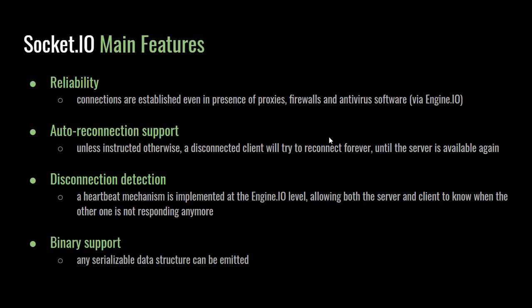Disconnection detection: it has a heartbeat mechanism implemented at the Engine.IO level, allowing both server and client to know when one another is not responding anymore. That's pretty big. Again, you don't need to worry about that. It all handles it. When you're using the trivial API, you're like, wow, this is so easy. It's what's happening behind the scenes for you. The heavy lifting is done for you. Binary support deals with serialization, right?